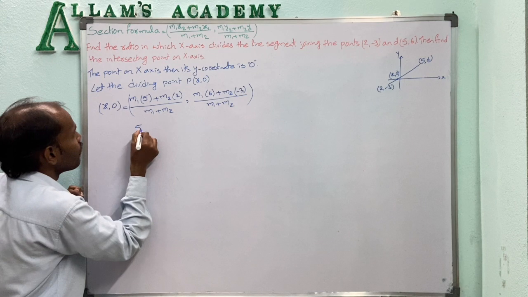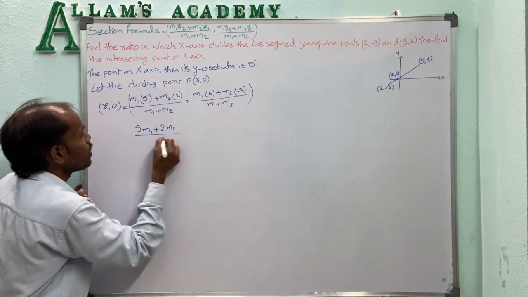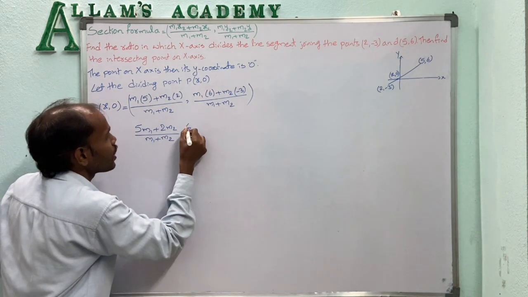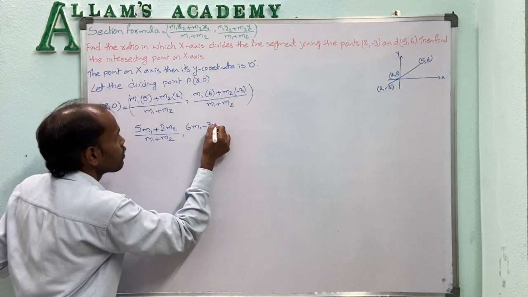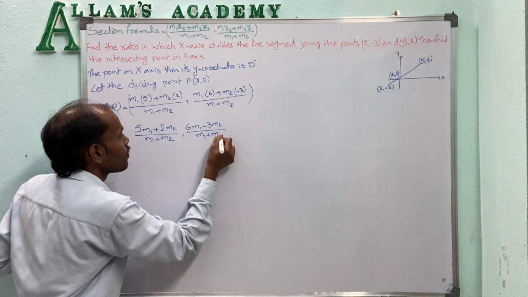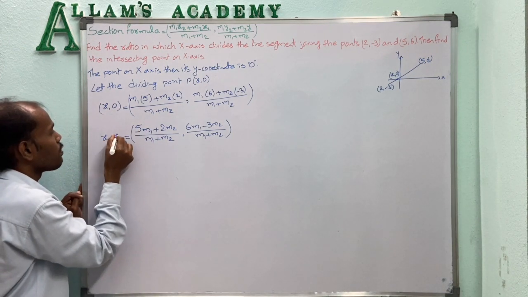So (5m1 plus 2m2) by (m1 plus m2), (6m1 minus 3m2) by (m1 plus m2). That one is equal to the point x comma 0.